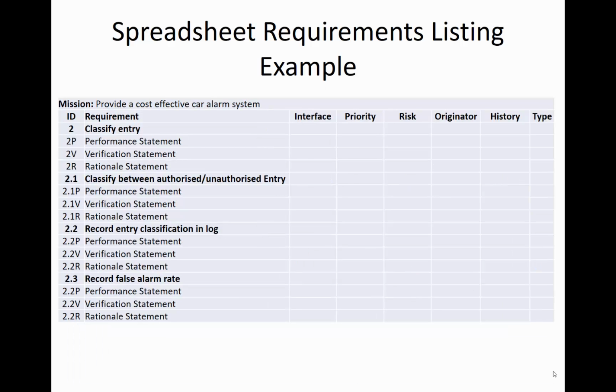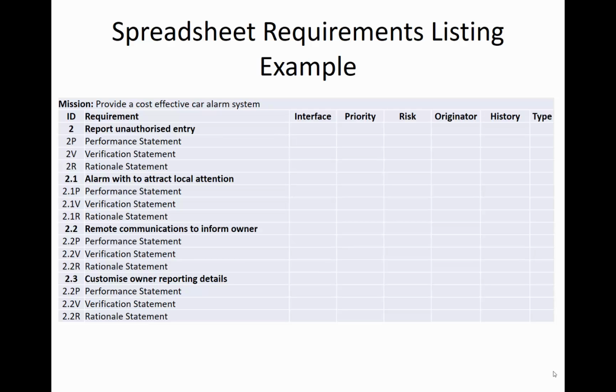Then we have requirements related to maybe classifying entry into a vehicle and sub-requirements. So is it classification between authorized or unauthorized entry? A log for this as well, and recording our false alarm rate, for example. And then we have things like reporting unauthorized entry, so setting off an alarm so that we have local attention. It's been reported visually and audibly.